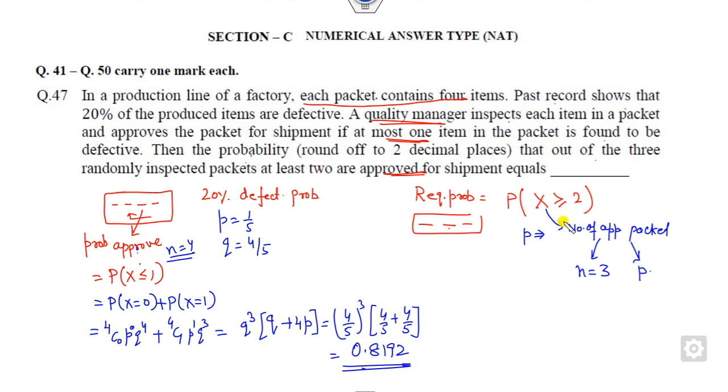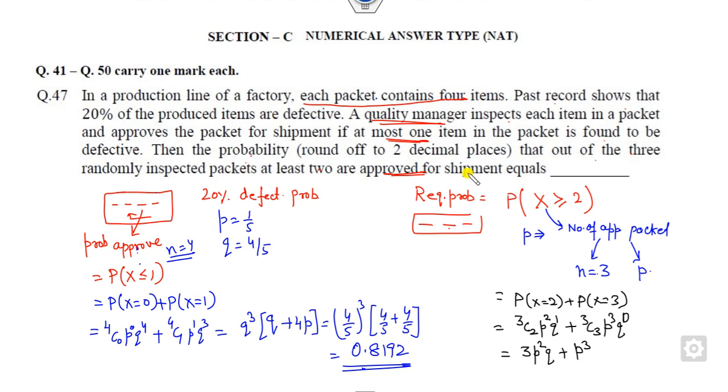Now I can substitute this value here. This question is a little bit lengthy but quite manageable within a reasonable time. So n is 3: 3C2 p square q1, plus 3C3 p3 q0. So it is 3 p square q plus p cube.